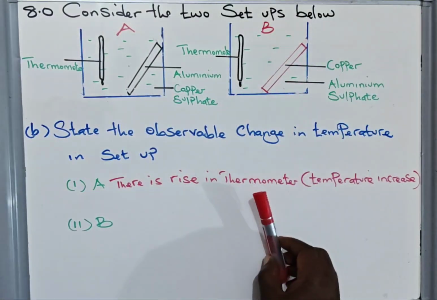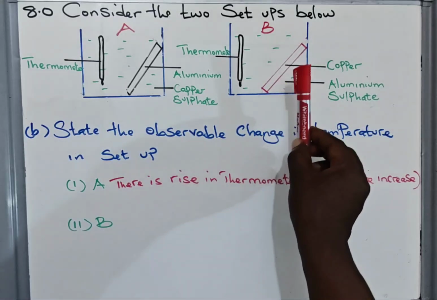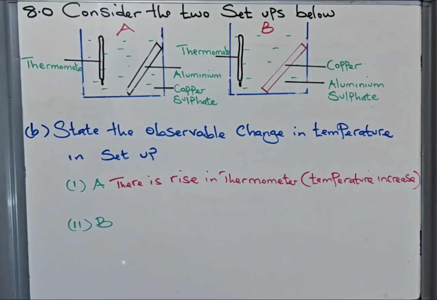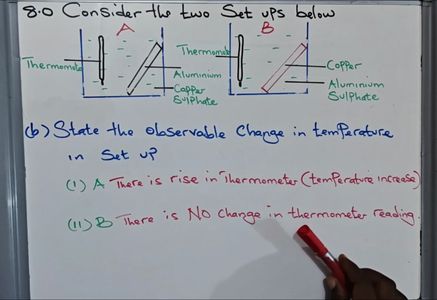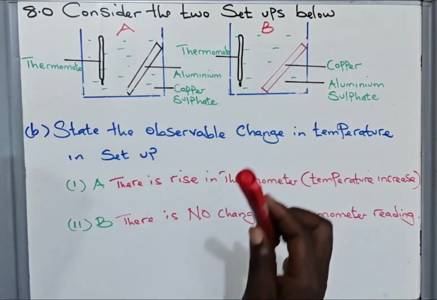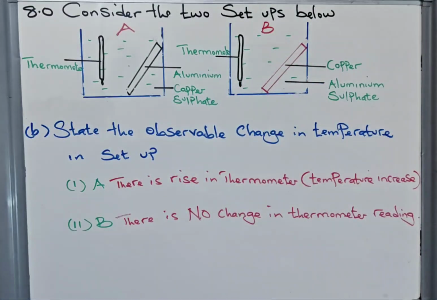Then we come to setup B. What is observed in setup B? There is no temperature change. The thermometer reading remains unchanged, because this one is not spontaneous, so there is no reaction taking place here.